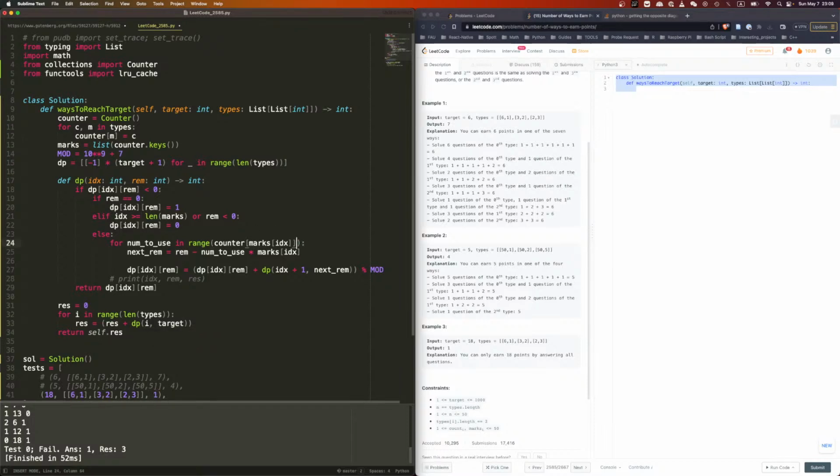Wait, hold on, we have to use one of it plus 1, right? We always have to use index, either 1 index, 2 index. You know what? It's actually fine. I can use a 0 index.